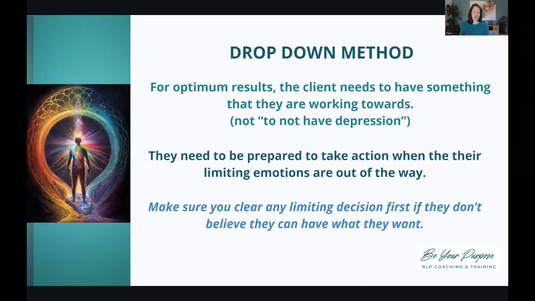So when I teach this, we had a particular client who was holding on to some heavy duty emotions about parents divorcing and humiliation at school, all the things. And it was impacting the way that she showed up in her life for her kids and for work and so on and so forth. So instead of saying, well, how do you want to be, if you're not holding on to this betrayal and humiliation, how do you want to be instead?